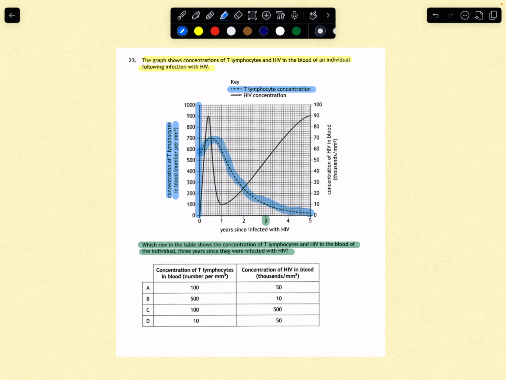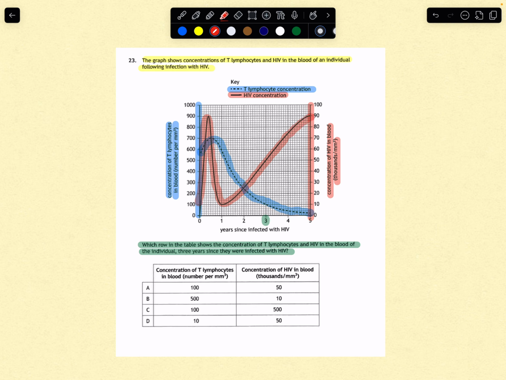Now conversely, I'm going to take a different highlighter. I'm going to select red, and highlight HIV concentration in the similar manner. So highlight this here, it's the information. Then I'm going to highlight the right hand side axis, and then I'm going to highlight the solid black line, which is going to give you that information.